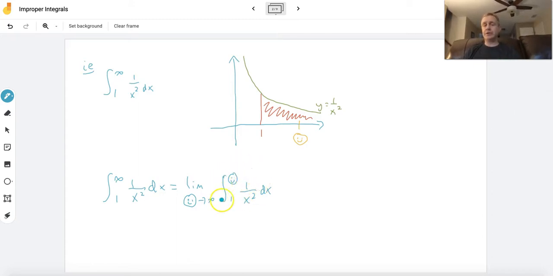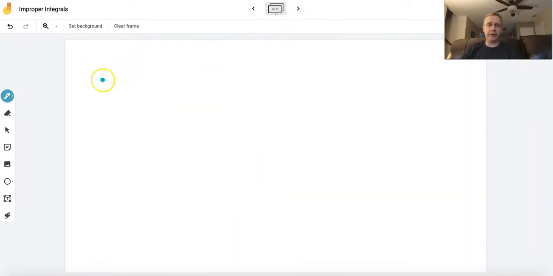All right, so to help evaluate this whole expression, I'll first try to evaluate this definite integral. To do that, we need to determine the antiderivative of 1 over x squared, which we can rewrite as x to the negative second power.